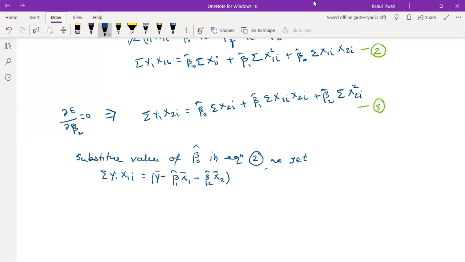So it is the sum over i, running from 1 to n, of x1i, plus this beta 1 will be as it is.